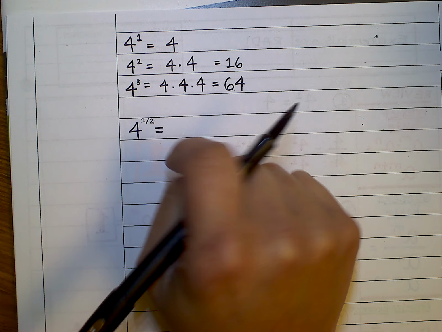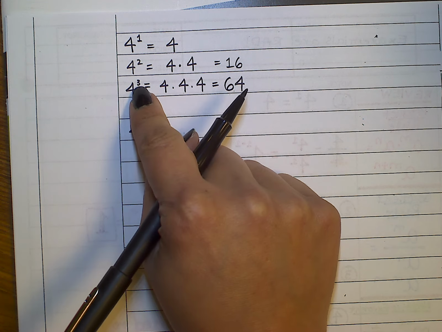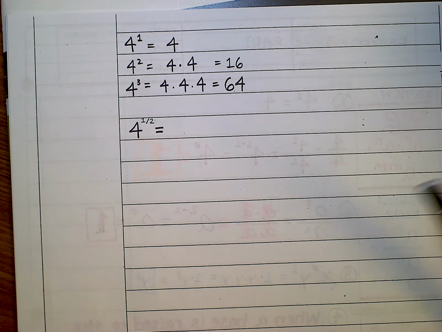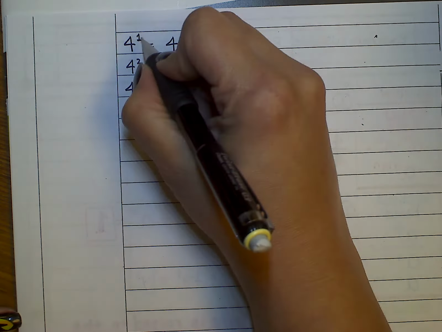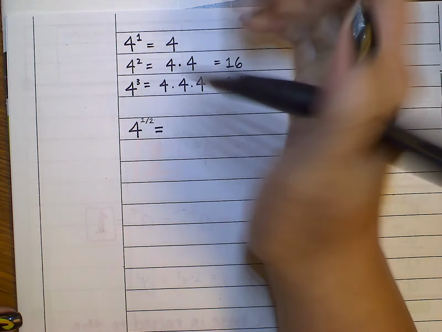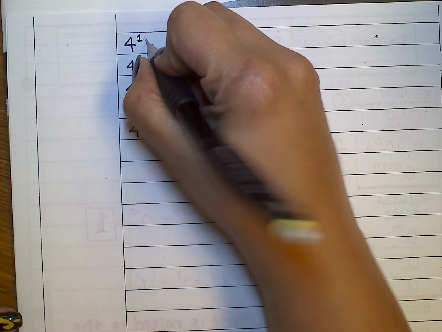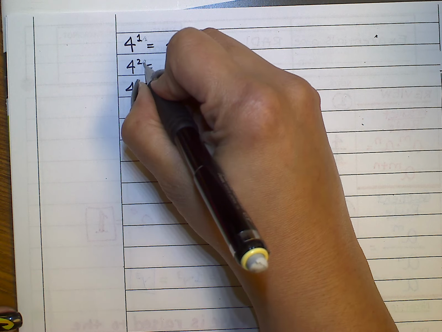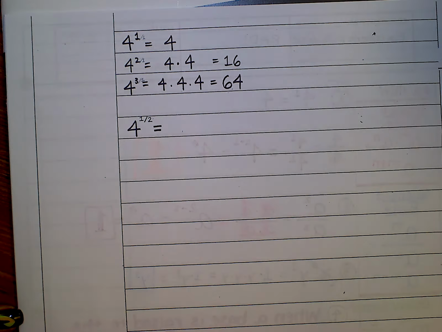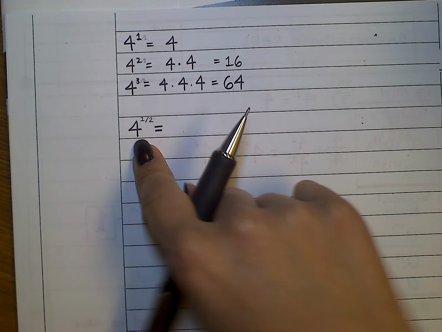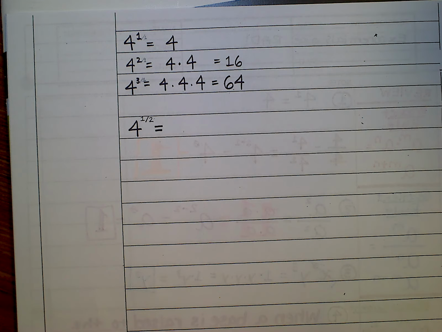Now, last time I only had it raised to whole numbers, but we already discussed that a whole number can easily be turned into a fraction by putting it over 1. Okay. So if I think of it that way, let's do some scratch work over here.